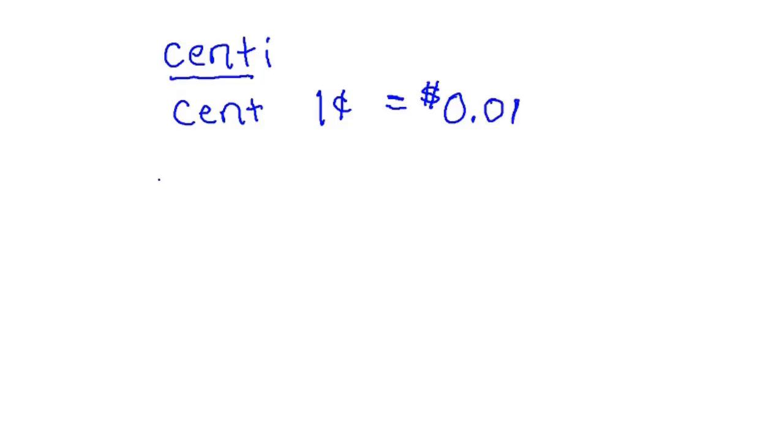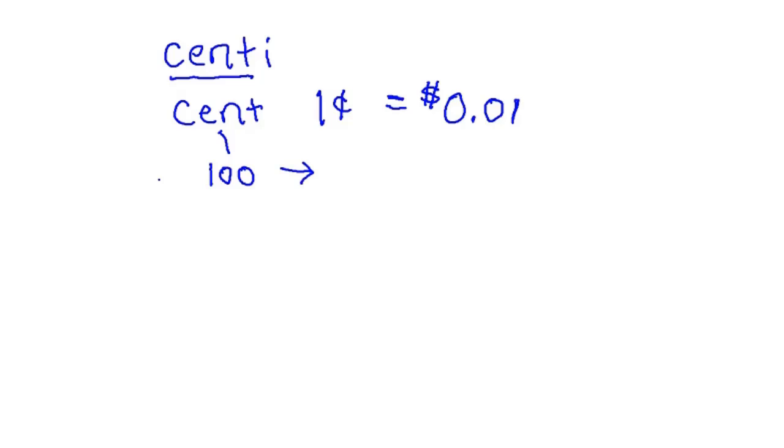So first, let's talk about the prefix centi. If this looks familiar to you, it should, because this is where the word cent comes from. So 1 cent, if you write it with a dollar sign, think about it in terms of dollars, 1 cent is going to be $0.01. And that's how you write a cent with the dollar sign. And what does cent mean? Cent means 100.